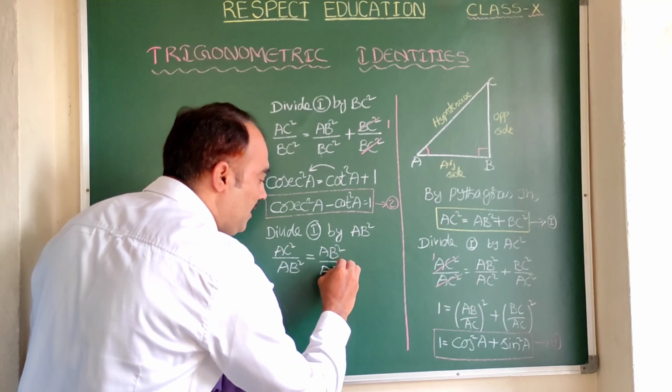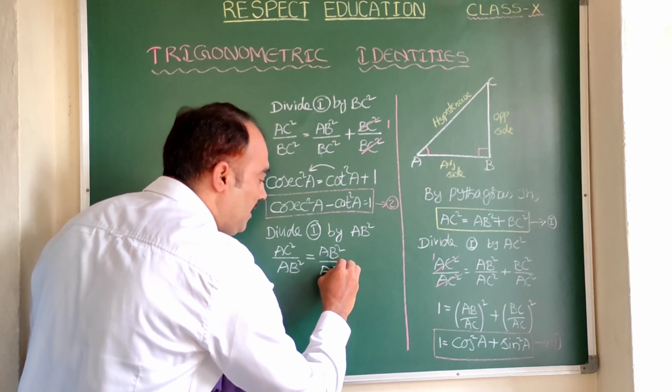Now AC is the hypotenuse and AB is the adjacent side. Hypotenuse by adjacent side is secant A, so this will be secant square A is equal to 1 plus. BC is the opposite side and AB is the adjacent side.